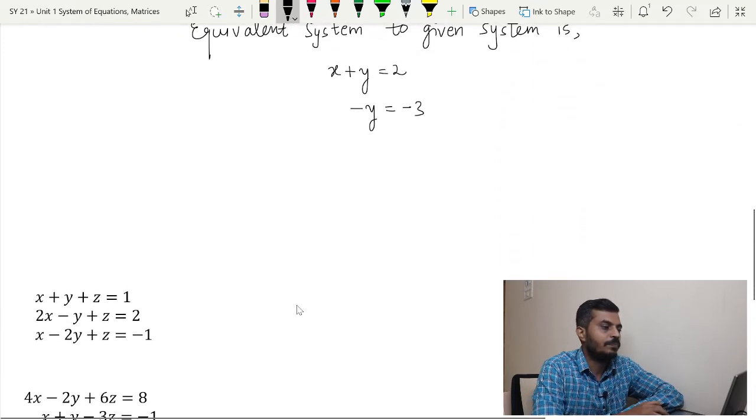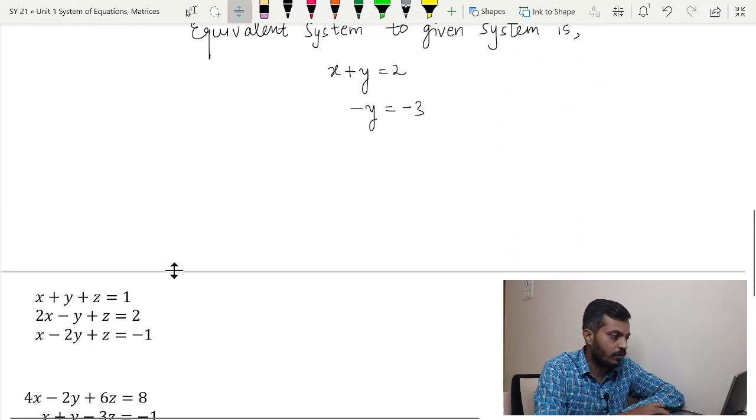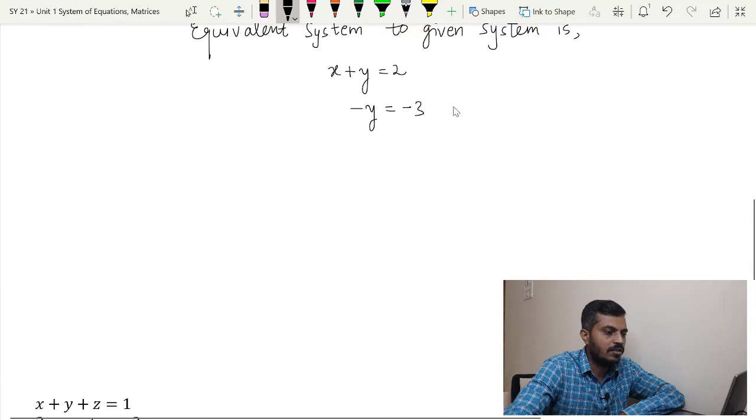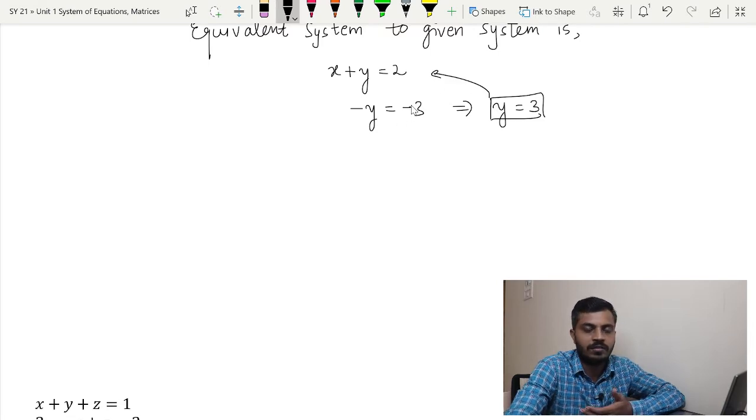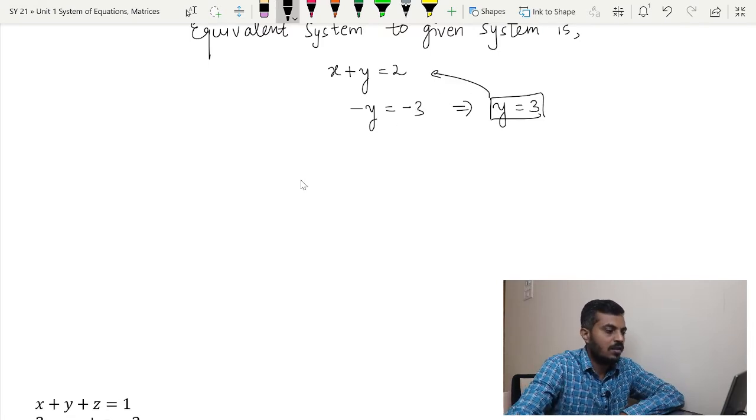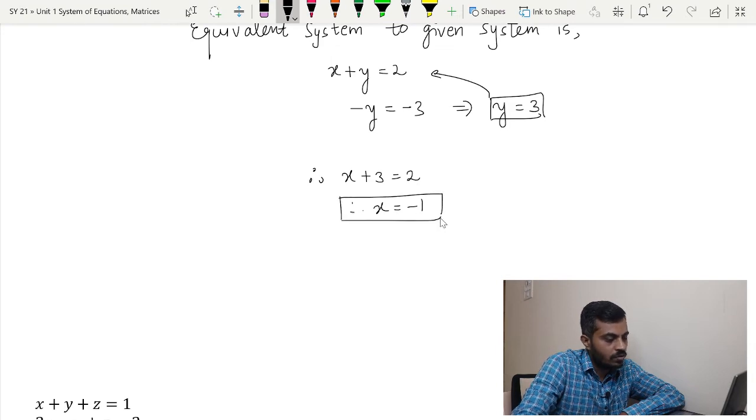Now, you can see that it is much easier to solve. This second equation will directly give us the value of y, that is 3. Now, we will use this value in the first equation to get the value of x. So, x plus 3 will be equal to 2, and therefore, x will be equal to minus 1. So, we got the solution of the system.